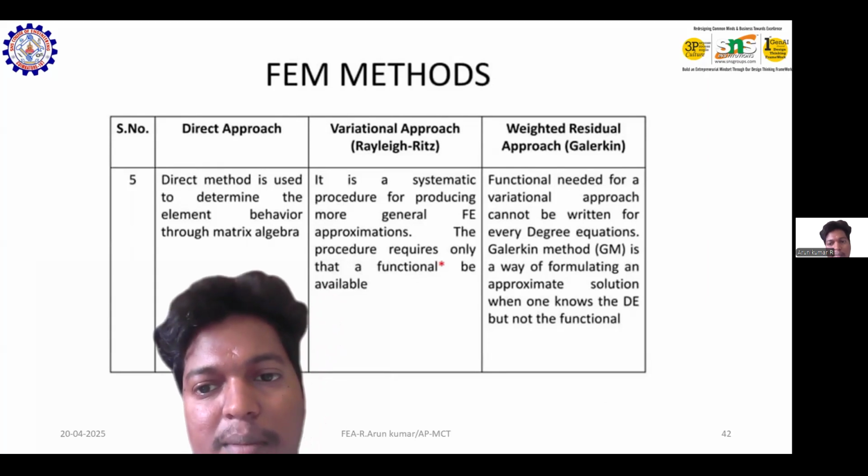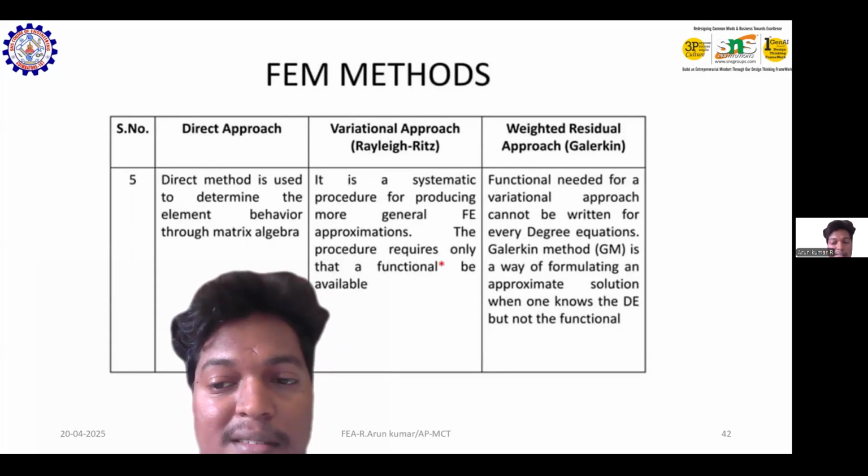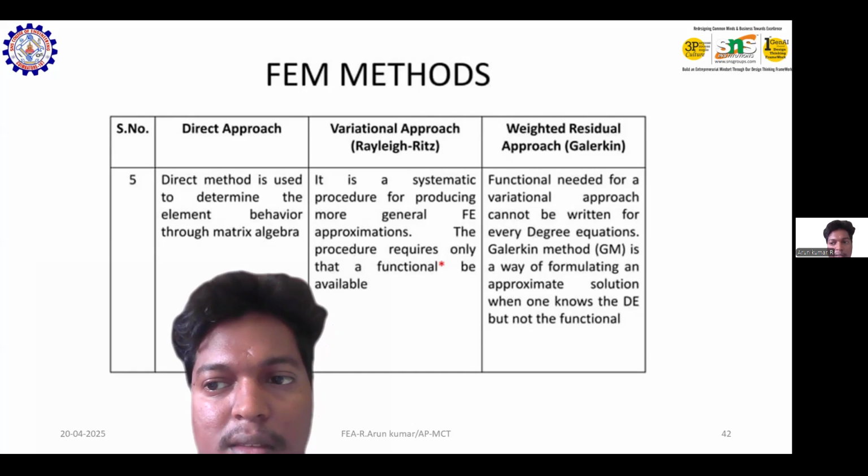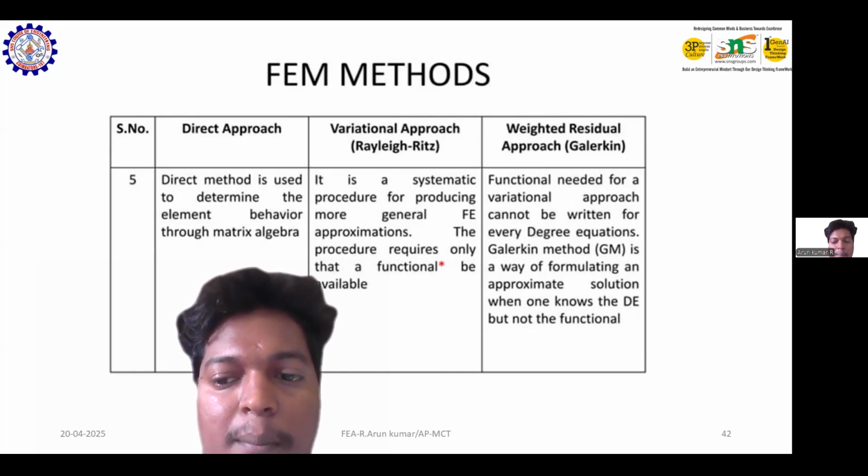The functional needed for the variational approach cannot be written for every differential equation. For example, the Galerkin method, which we call GM, is a way of formulating an approximate solution when the differential equation is given, but it is not a functional.